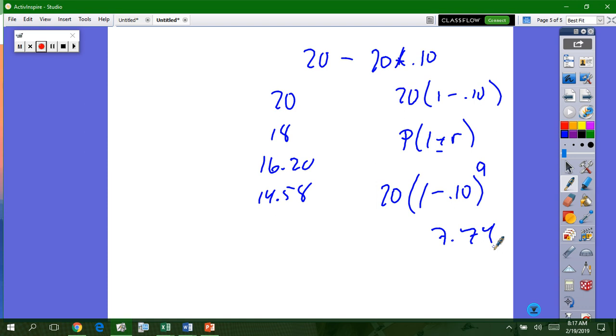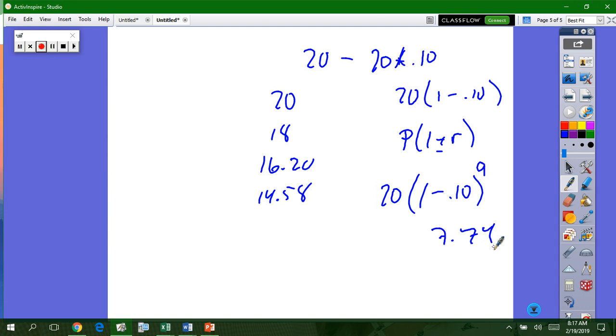So what I would do is go 0.90. Carrot it, raise it to the 9, and enter it. Times that. Yours is slightly a little bit different. It'll be your 0.9. Good.